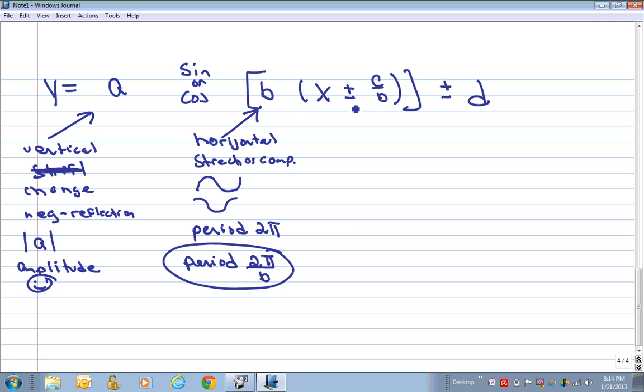If it's minus c over b, we're going to go to the right, just like we always have with our transformations. So our c over b has to do with left and right shifts. It will happen in the direction that you don't expect. It's the opposite direction from what it looks like it should happen. And this is called your phase shift.